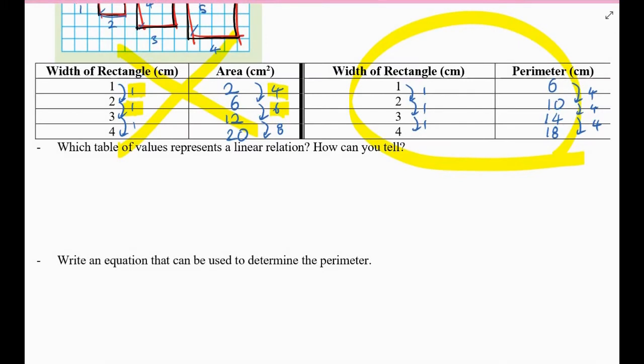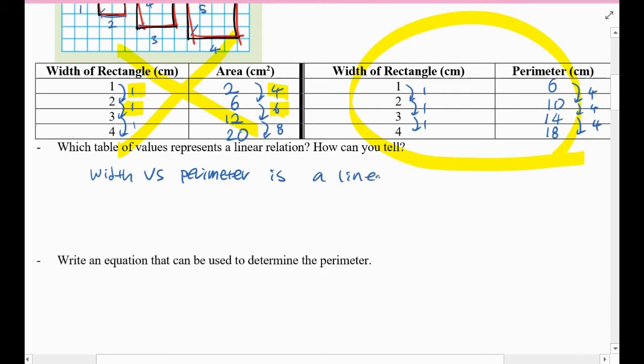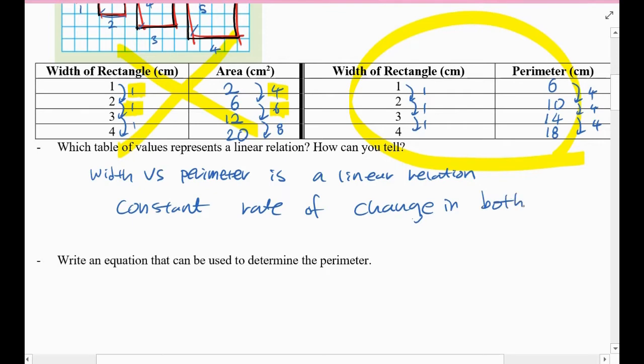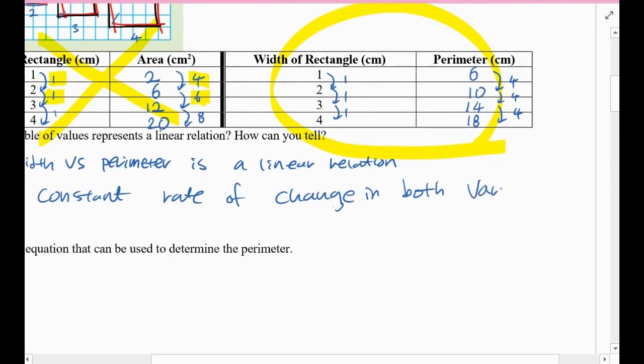So we say width versus perimeter is a linear relation because constant rate of change in both variables. So write that down.